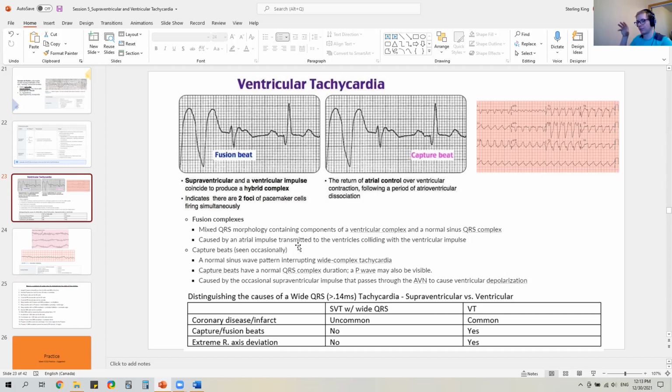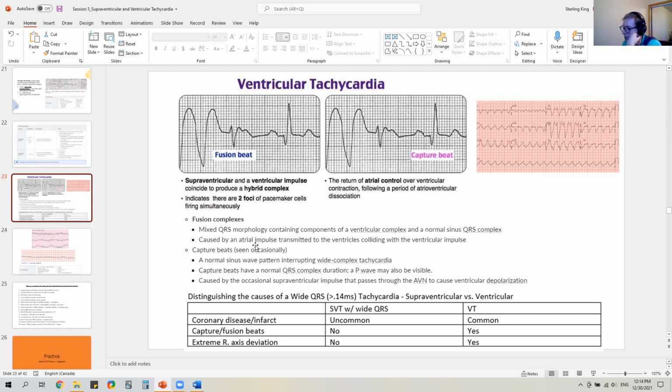The atria's firing coincides with the ventricle's abnormal firing, so you get a hybrid beat. It makes a slightly nicer QRS, a little tighter and pointier, as you can see here. However, it's still missing the rhythm; it doesn't have that nice PQRST.